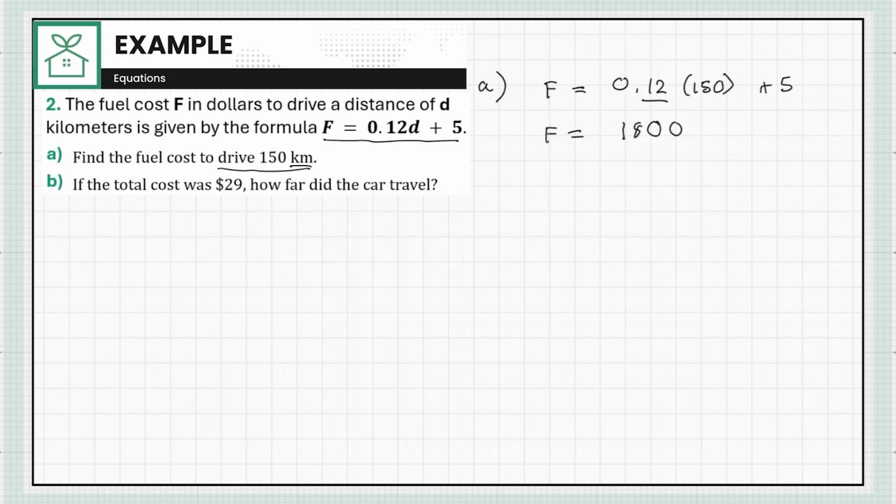But we have done that on the basis of 12 times 150, so I have to put back in those two decimal points. So the result, F will be equal to 18 plus 5. That means F is going to be equal to 23. So the total cost of traveling 150 kilometers is going to be $23.